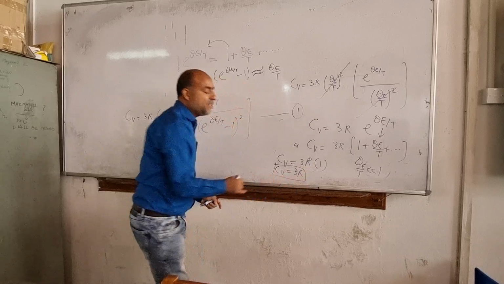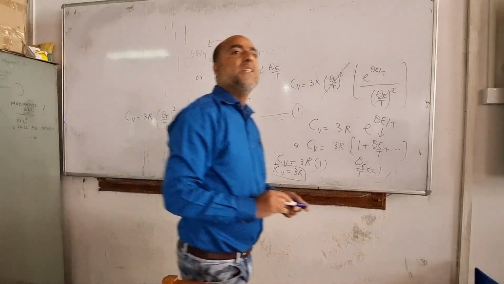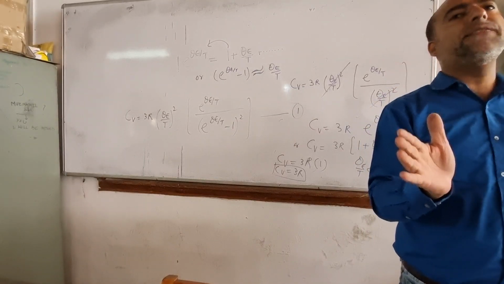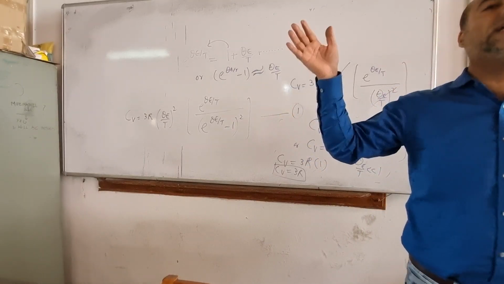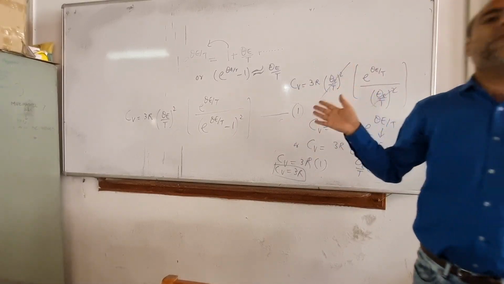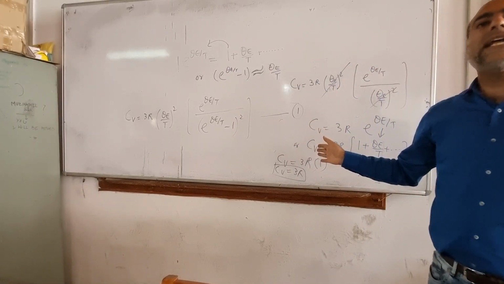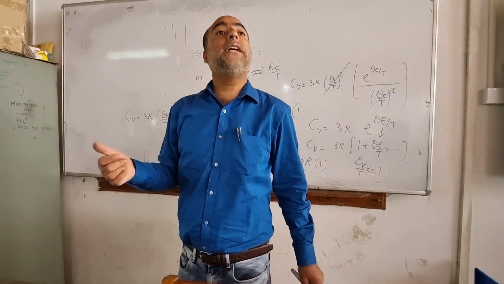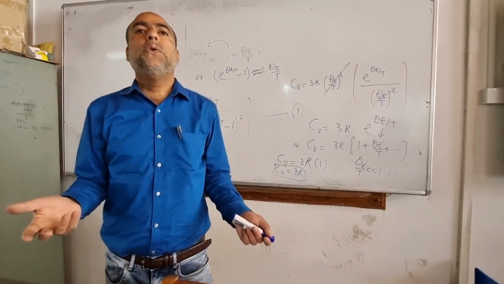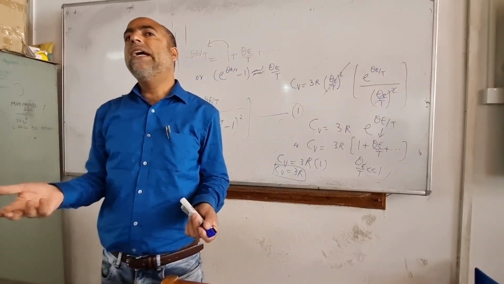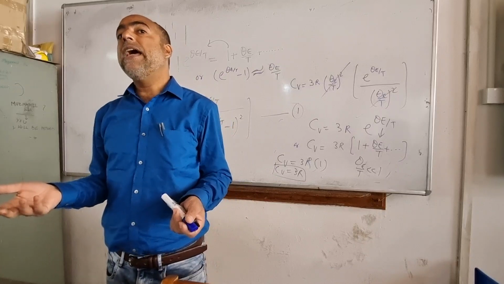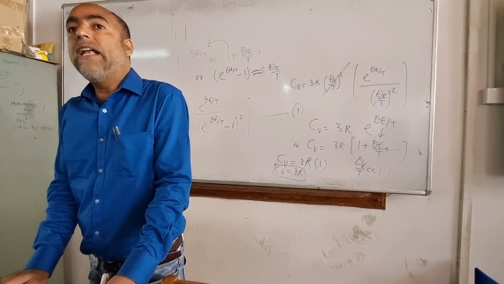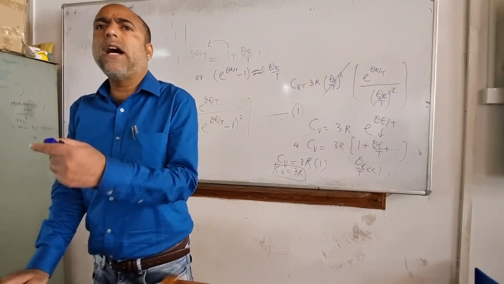So at high temperatures, your specific heat has a constant value, C_V equal to 3R. This value we already know from classical mechanics, from Dulong-Petit's law, where C_V at high temperatures is equal to 3R, a constant because R is a constant.